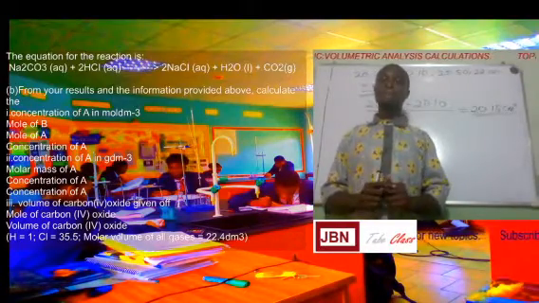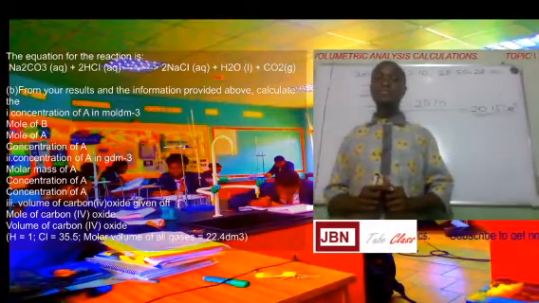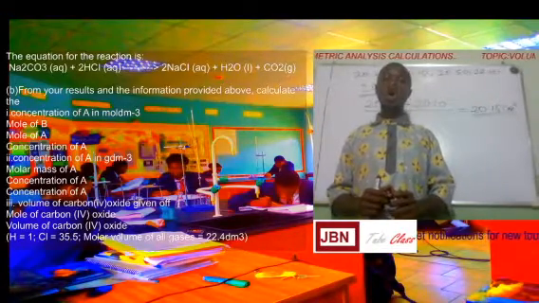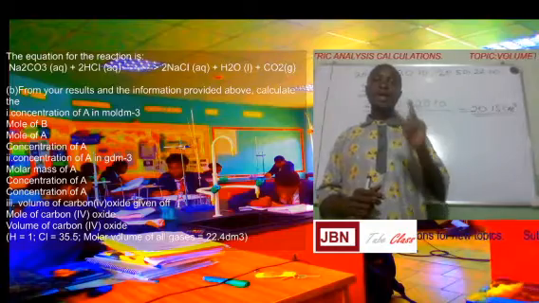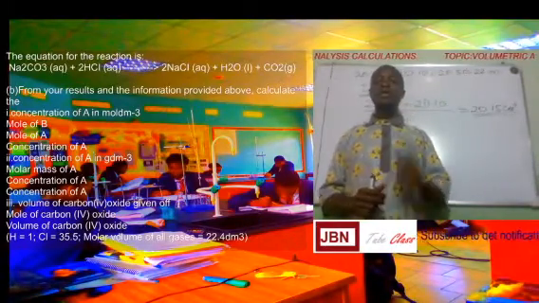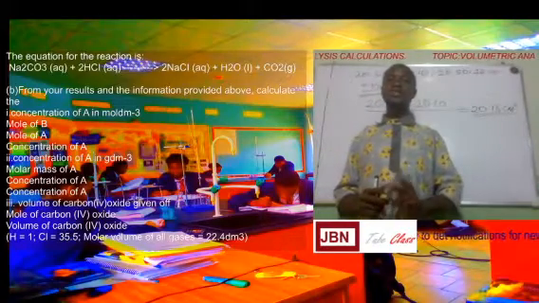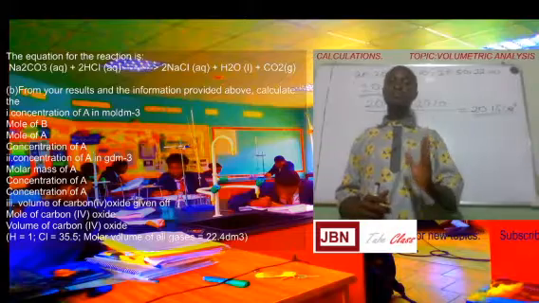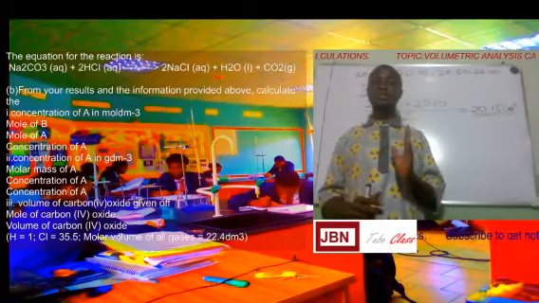Number 1, we are going to calculate the concentration of A in mole per dm cube. For you to carry out this calculation, there are 3 steps that are involved.